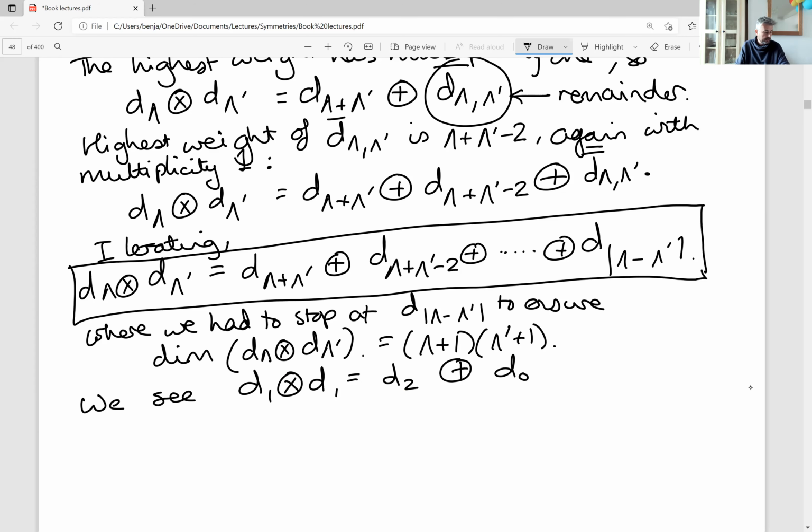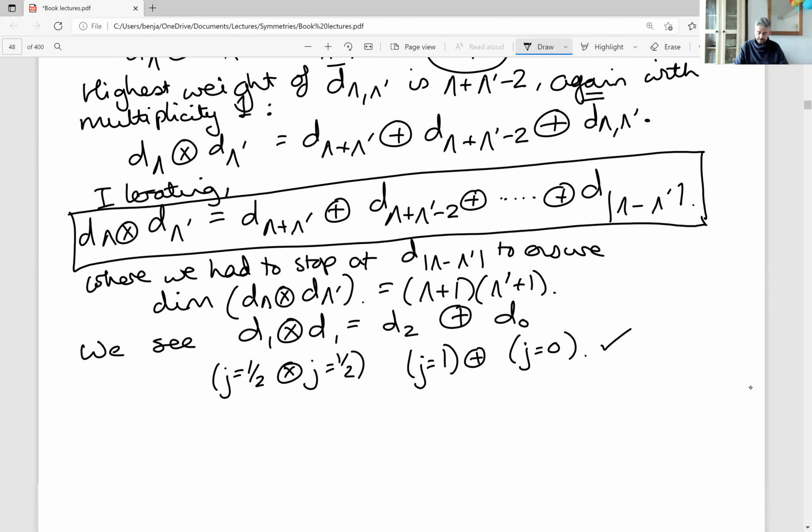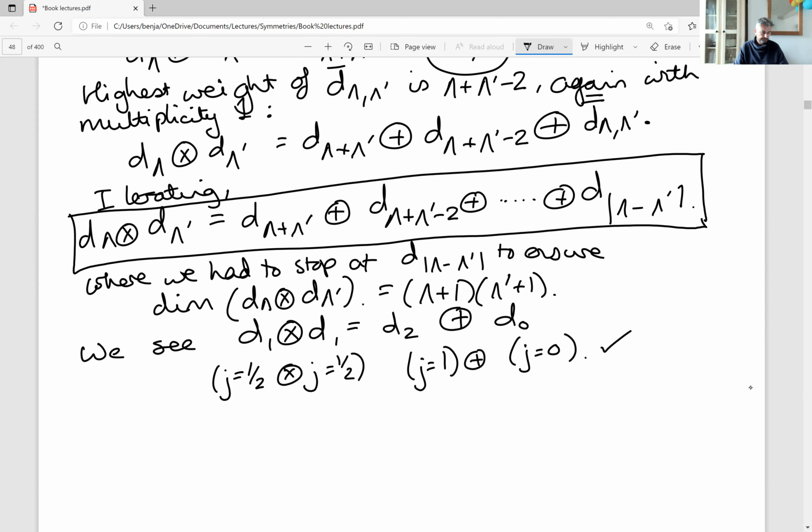And if we turn this back into angular momentum states, then we see that the tensor product of two j equals half states gives us a j equal to 1 state plus a j equal to 0 state. And this agrees with what we know about the addition of angular momentum in quantum states, for instance.